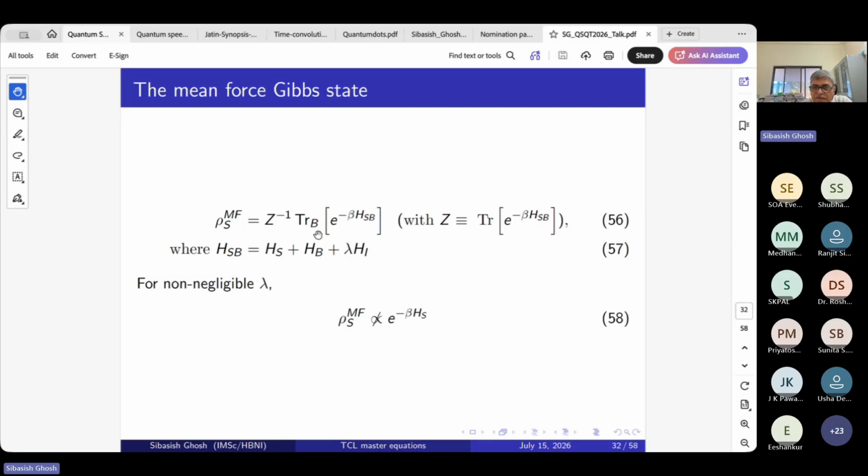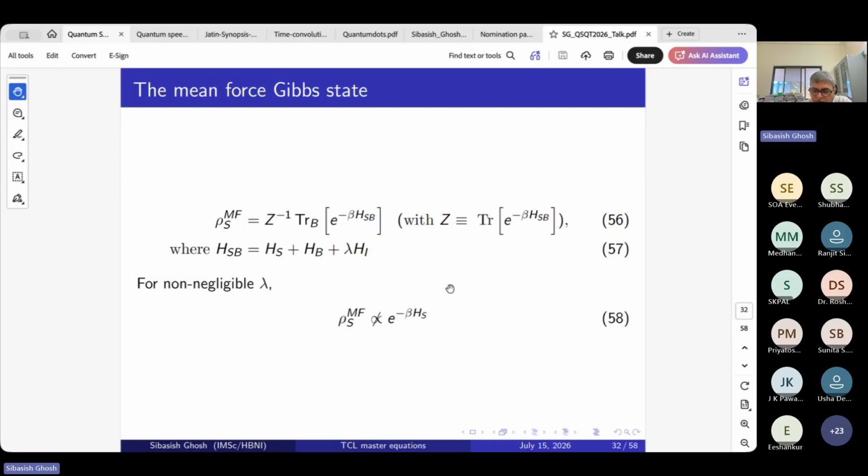So what happens is that if this lambda is small but not negligible, then this mean force Gibbs state is not equal to the Gibbs state. The Gibbs state is proportional to e to the power minus beta H_S. So you can show that this is generally not equal to the Gibbs state.